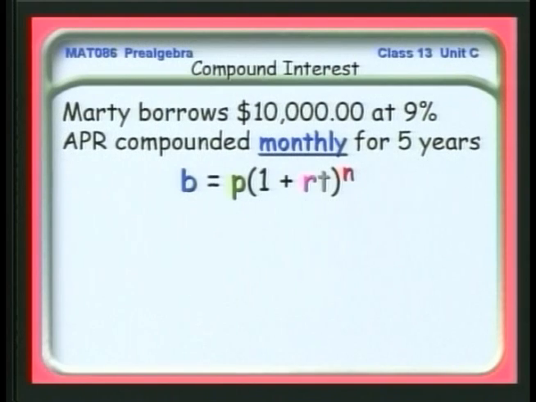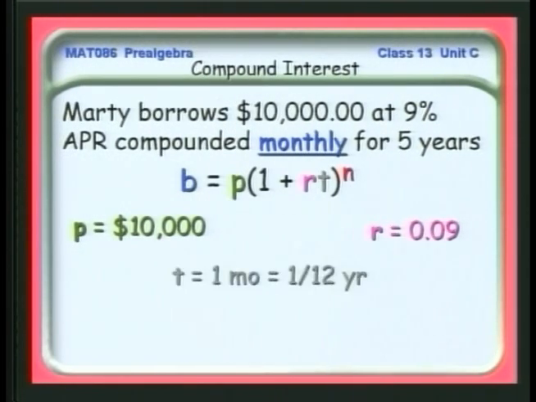There's our basic formula for the balance. The principal is $10,000. The rate is just the same, 0.09. But now the time that we have is 1 month. And remember, since it's 9% APR, annual, we need our time scale.